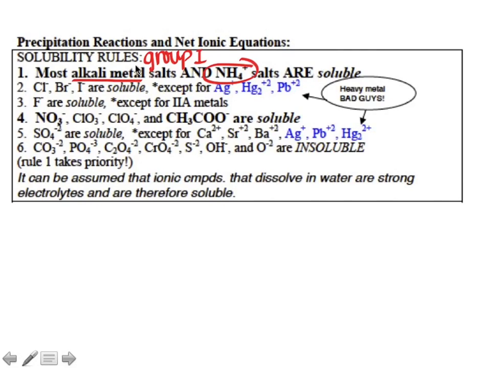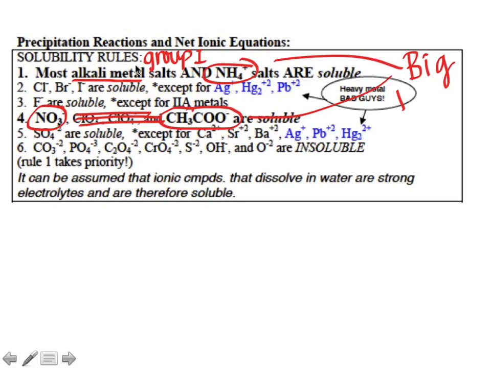Within that, I also group up nitrate and acetate. And these are when they are ions. Nitrate and acetate. Those are all soluble. I call those 4 things the Big Daddy rule. We just scratch those out.